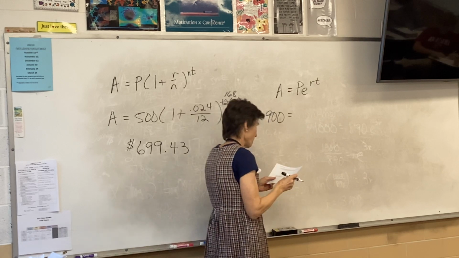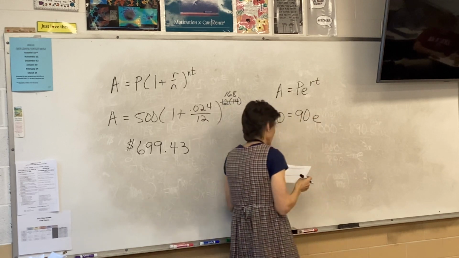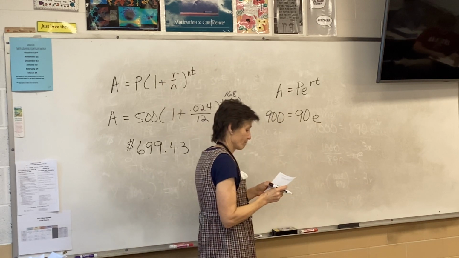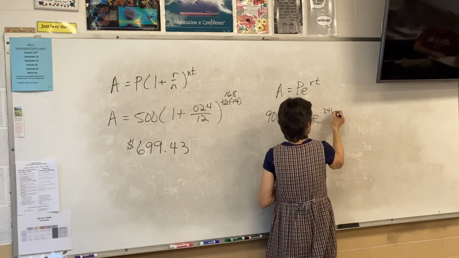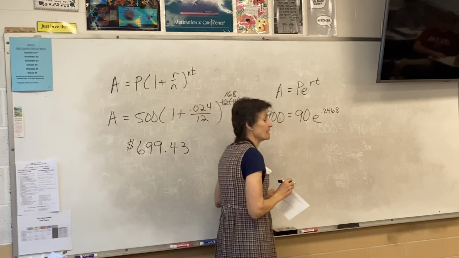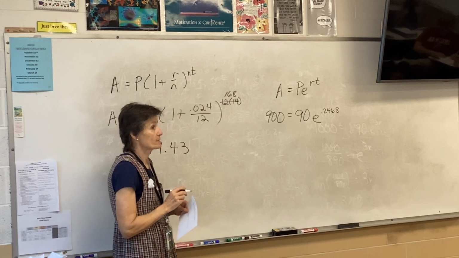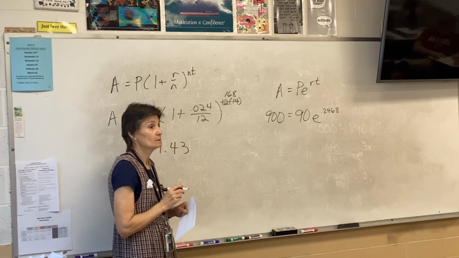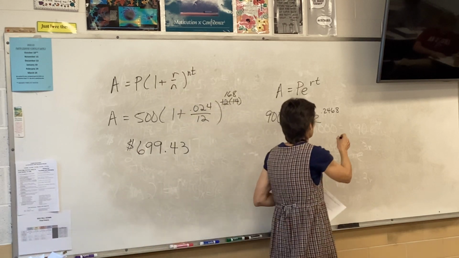Do I know a P? 90. Do I know an R? 0.2468. Now that isn't a percent, that's already a decimal, right? It doesn't say 24%, it says 0.24. Do I know T? No. Nope, that's what I'm looking for.